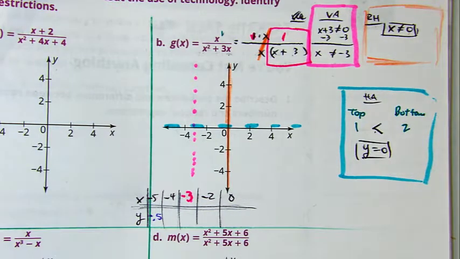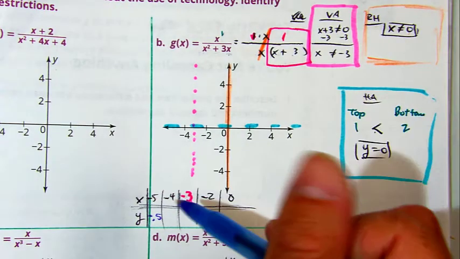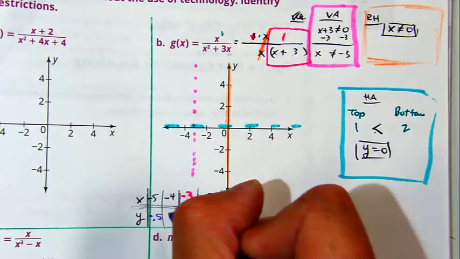Sebastian, pick a number. -4. What did you get? -1. Good.